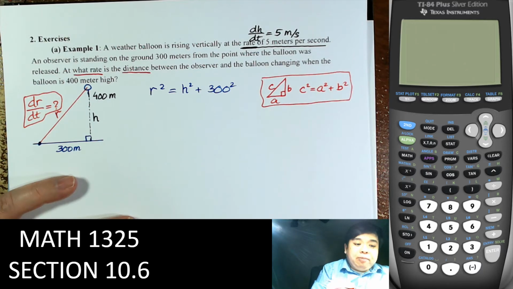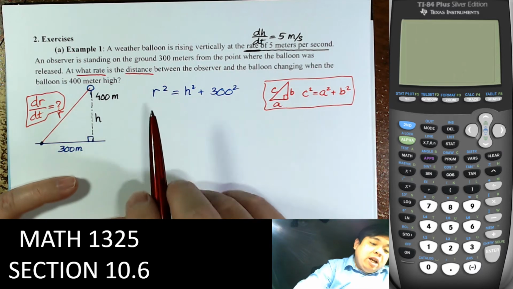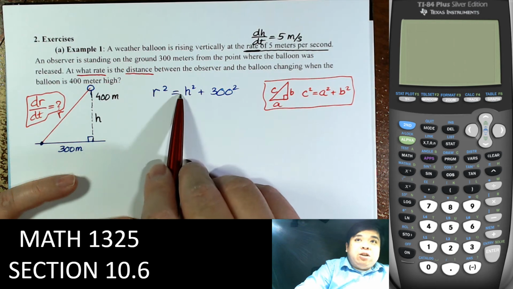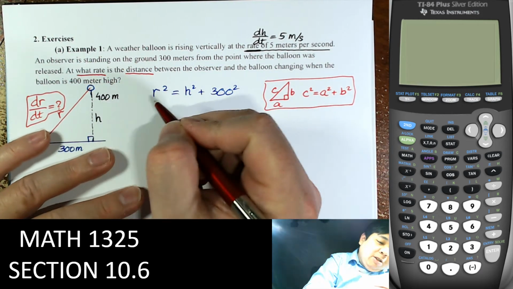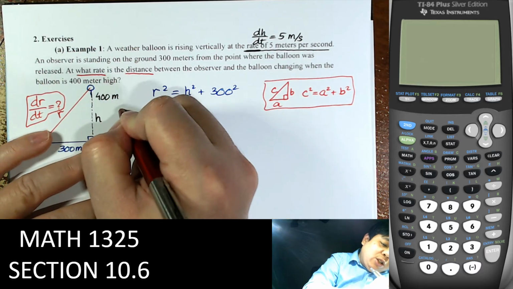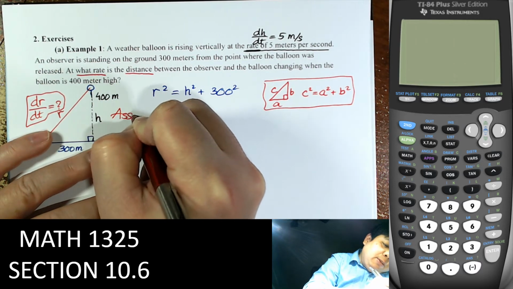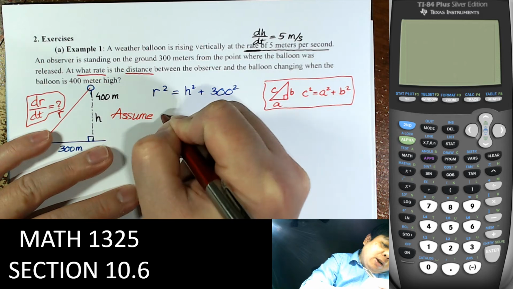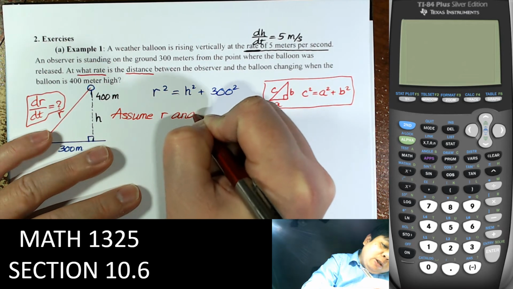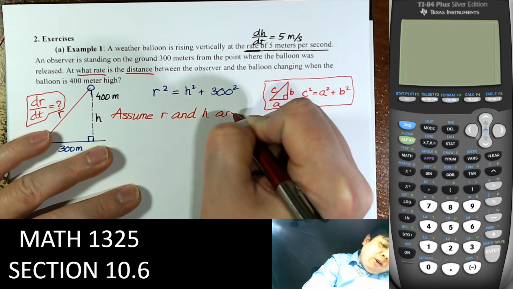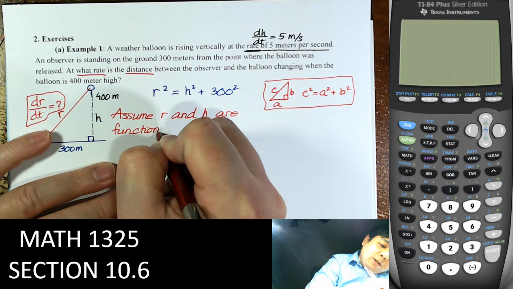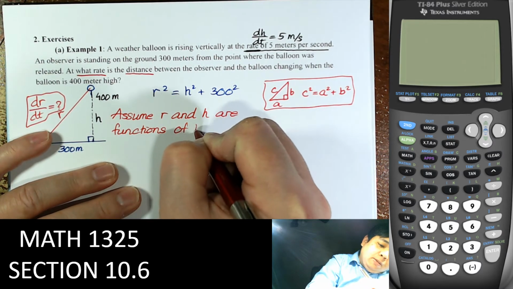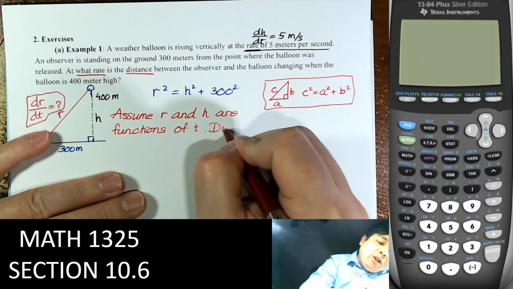So from here we say assume r and h are function of t and differentiate with respect to t. So those are pretty standard. So I'll say assume r and h are function of t, and now we just differentiate with respect to t.